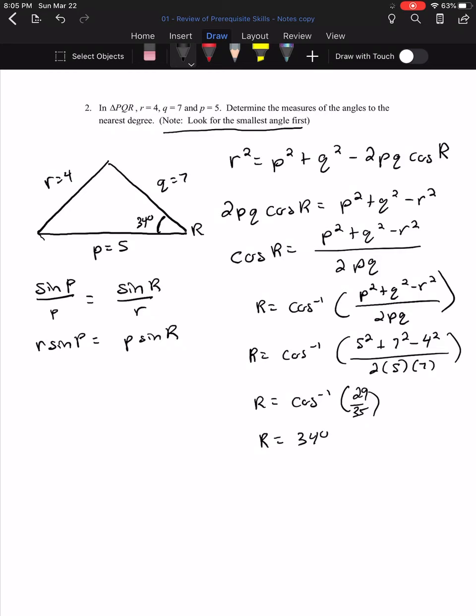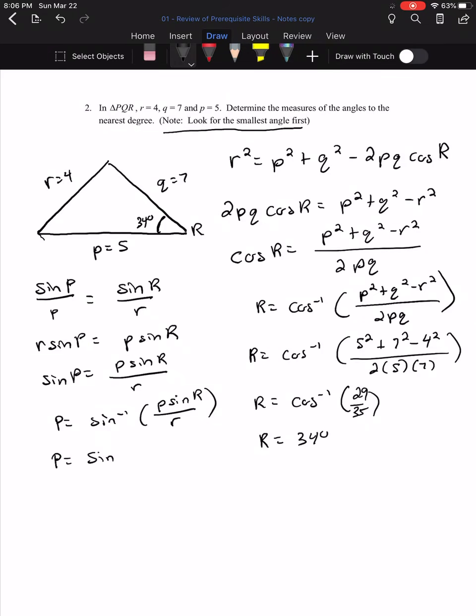I want p, so I'm going sine p equals p sine r over little r. And so I got p as the sine inverse of p sine r over r. I think it's pretty convenient to rearrange these things beforehand. Now that you're a little more used to the algebra, it's nicer to sub these things in at the end.